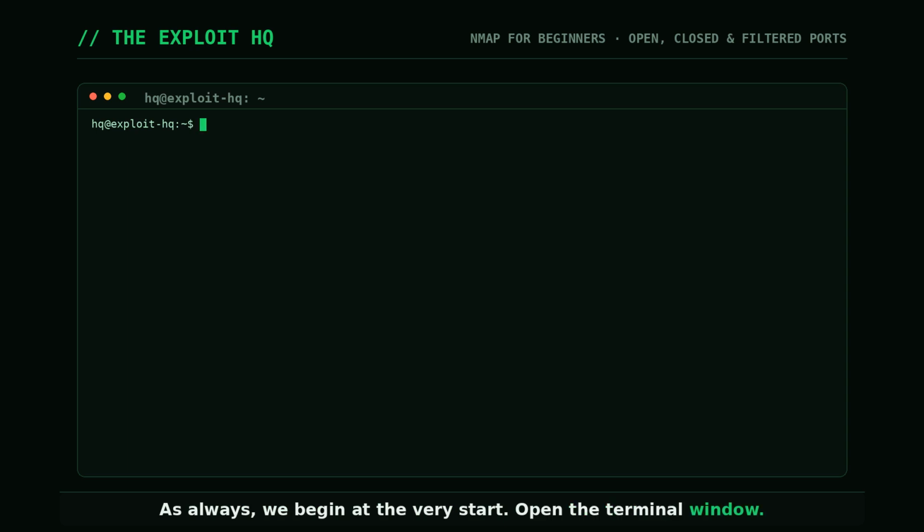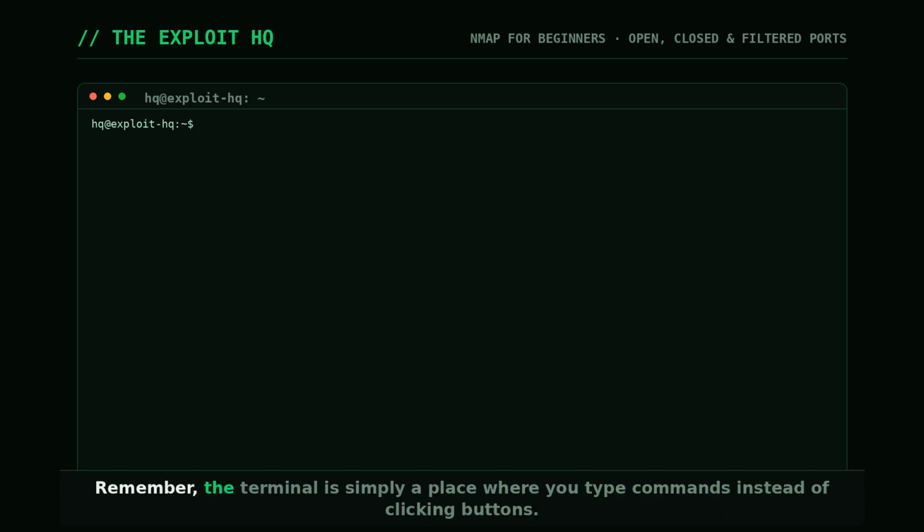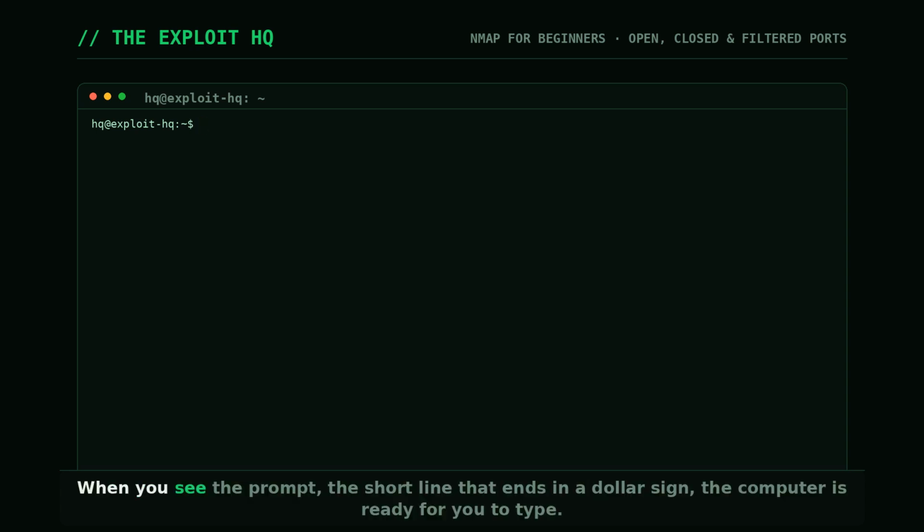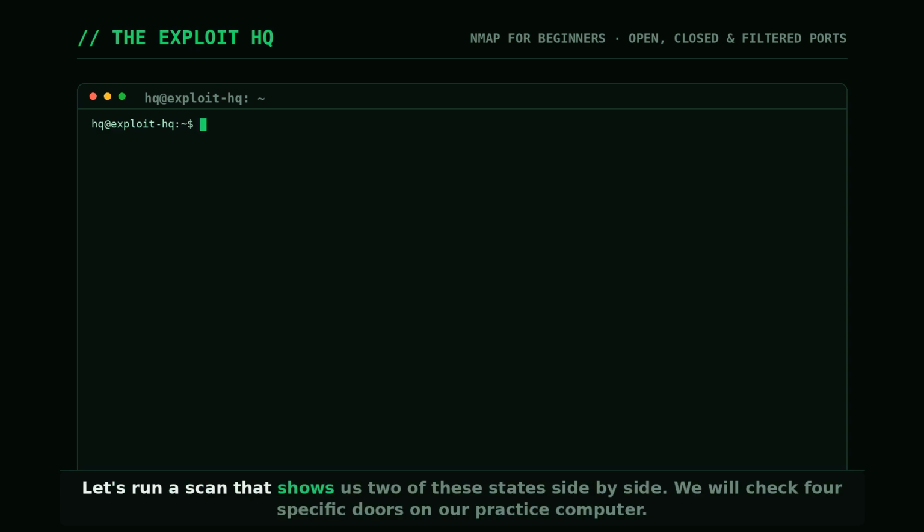Open the terminal window. Remember, the terminal is simply a place where you type commands instead of clicking buttons. When you see the prompt, the short line that ends in a $ sign, the computer is ready for you to type. Let's run a scan that shows us 2 of these states side by side. We will check 4 specific doors on our practice computer.